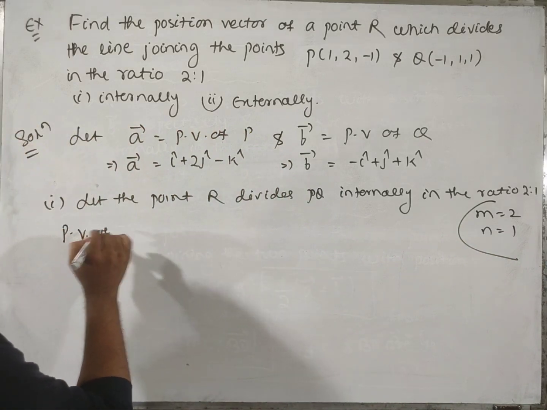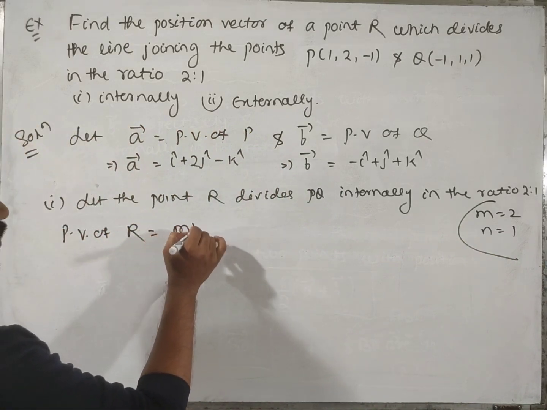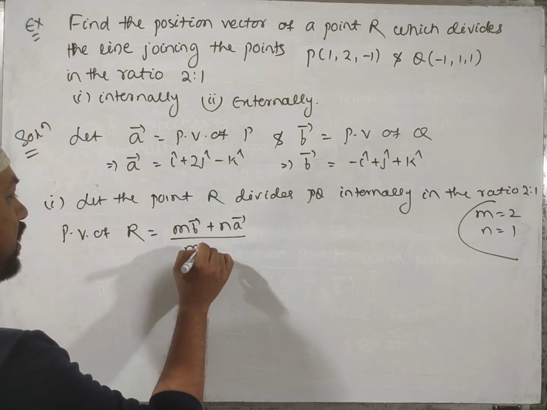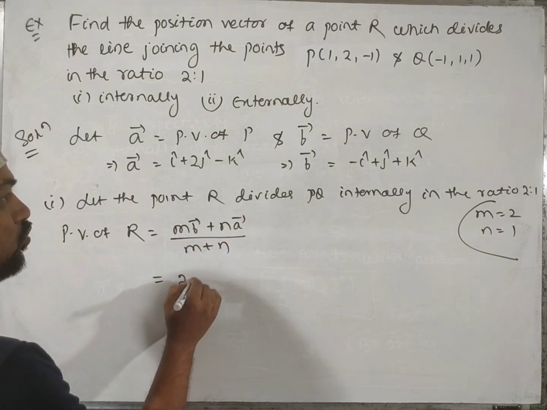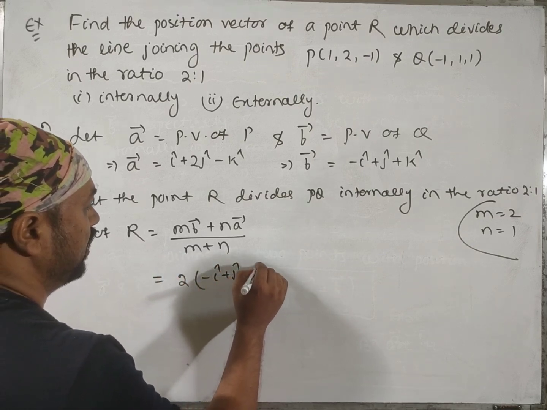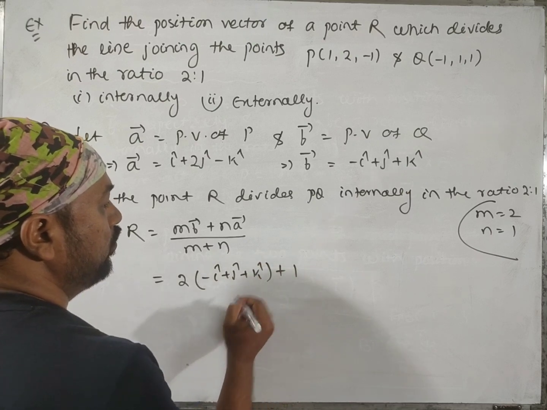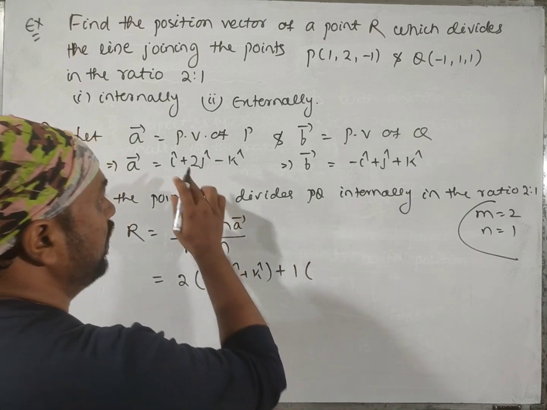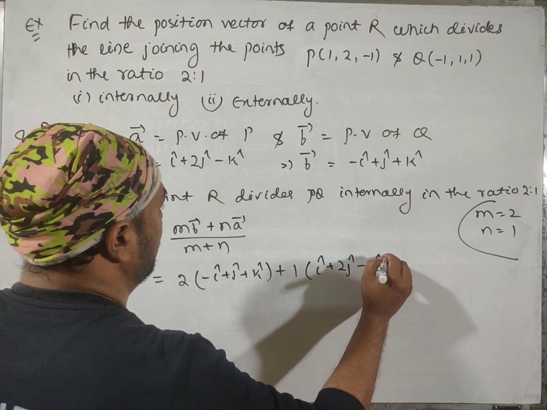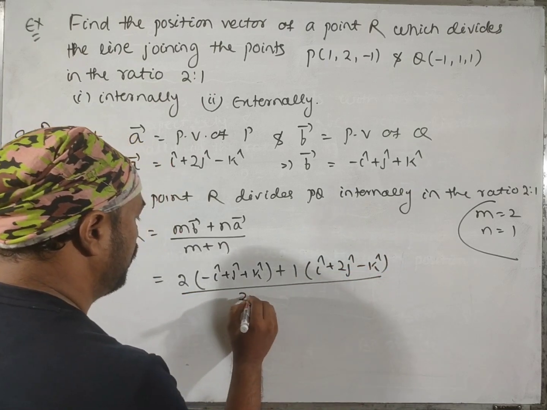Position vector of R is m B vector plus n A vector divided by m plus n, that means 2 into (minus i cap plus j cap plus k cap) plus 1 into (i cap plus 2j cap minus k cap) divided by 2 plus 1.